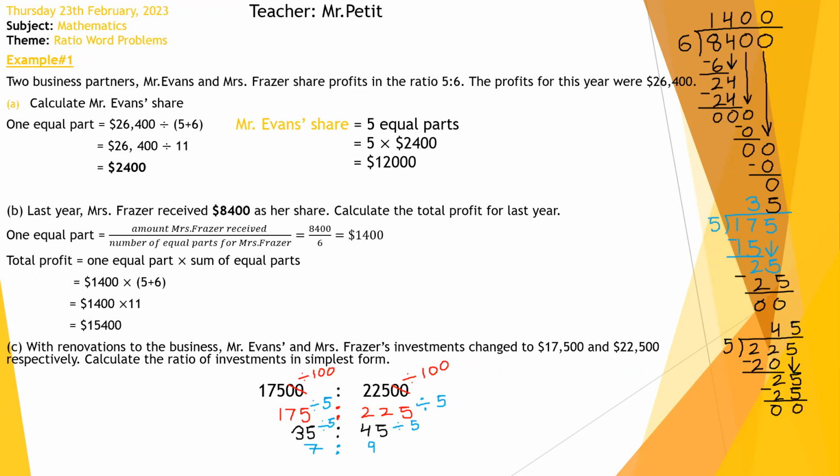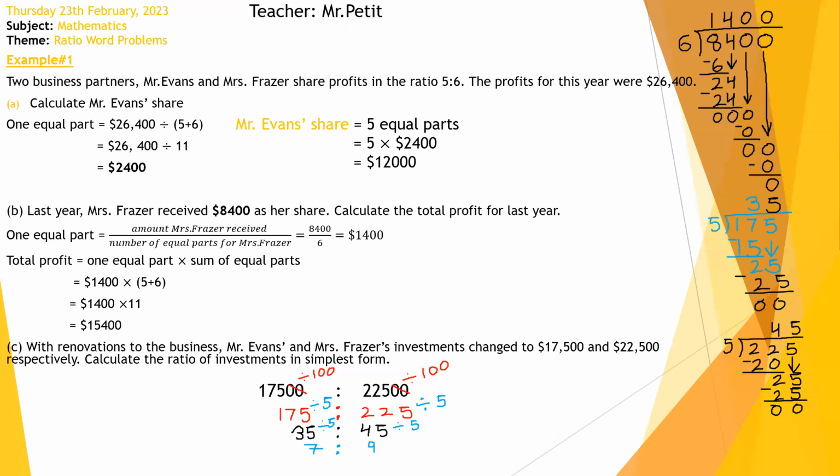So 17,500 divided by 100 gives us 175, and 22,500 divided by 100 gives us 225.